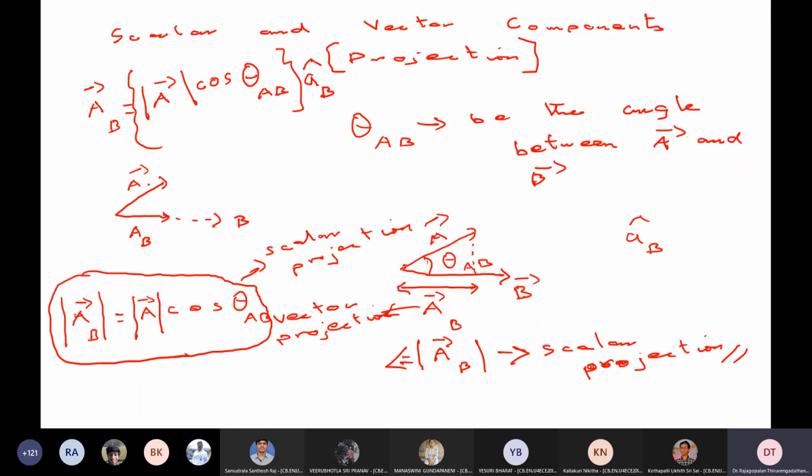Because the magnitude of vector A is greater than the projected vector of A on B, this plus this must give the resultant. Horizontal component plus vertical component should give the resultant vector. So my vertical component A_V will be equal to vector A minus my horizontal component, so I can easily find the vertical component.